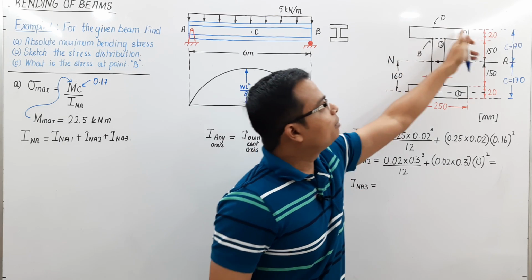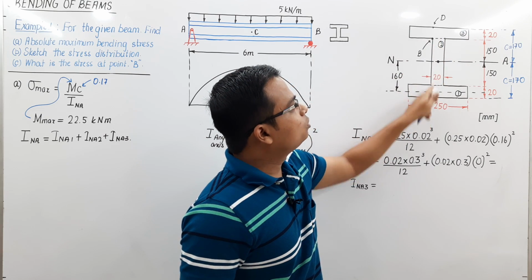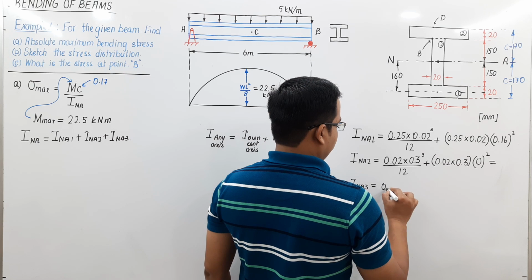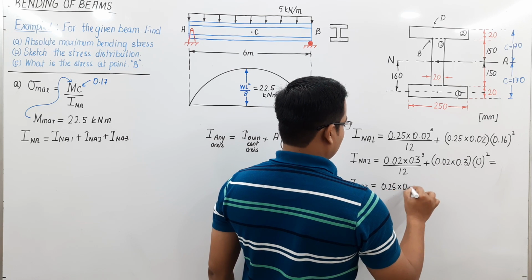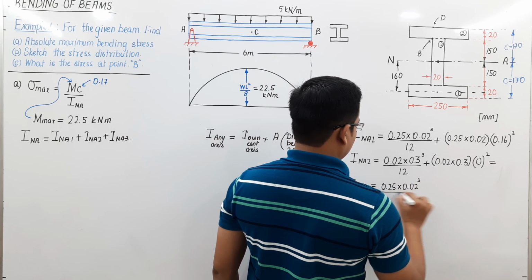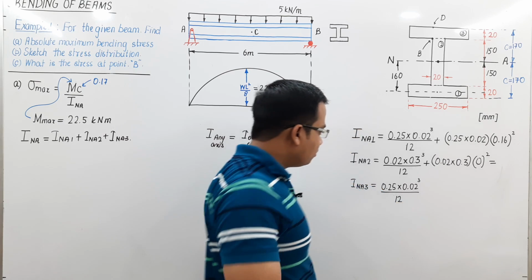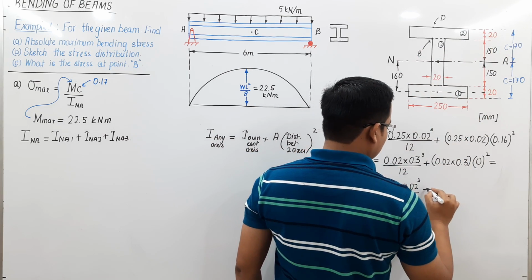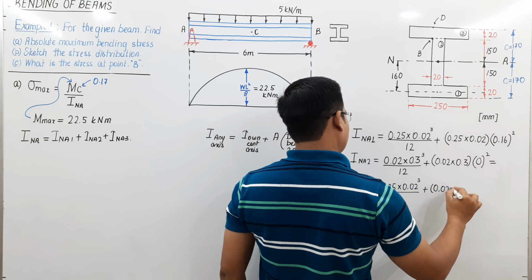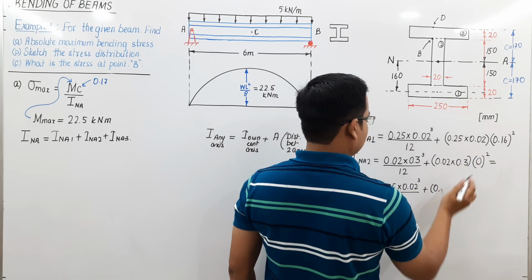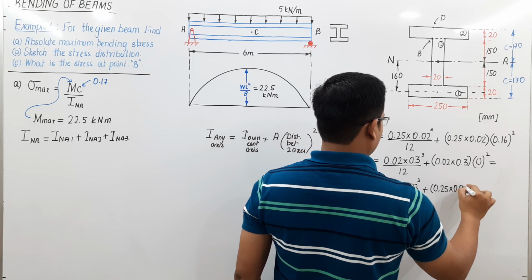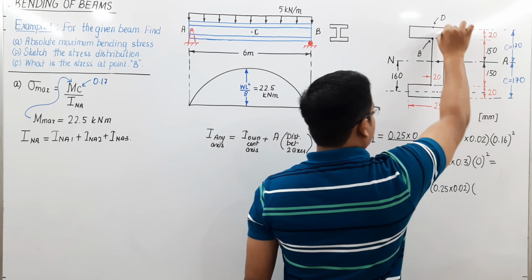Again, same rectangle. These two are quite identical, isn't it? So same stuff, 0.25 multiplied by 0.02 cubed divided by 12, and then the area 0.25 multiplied by 0.02, times the distance between them.